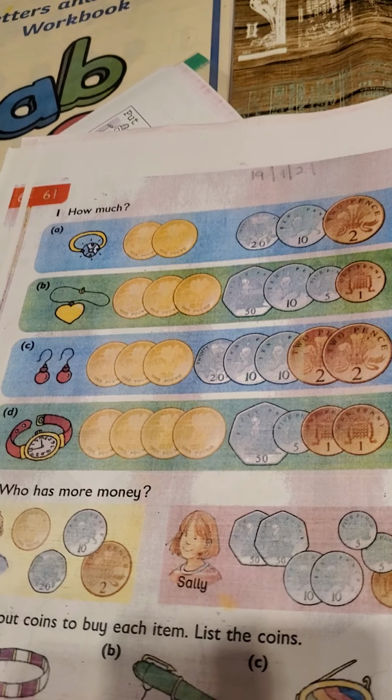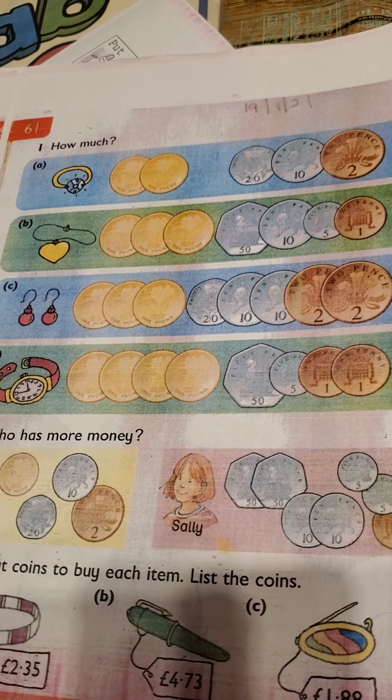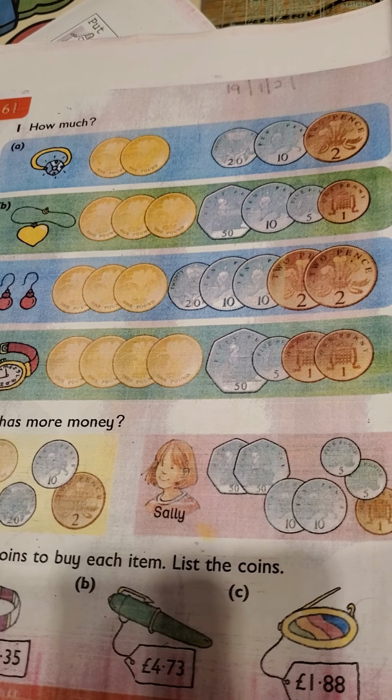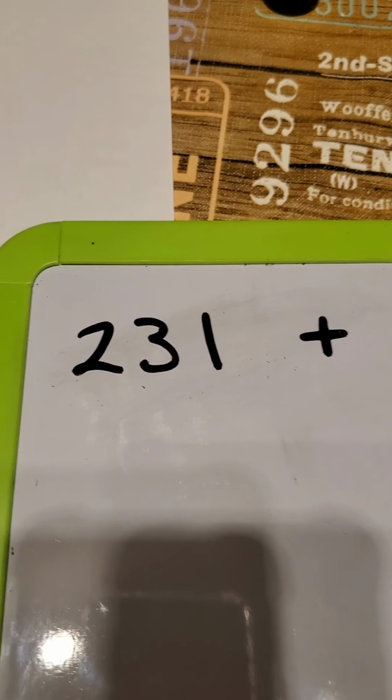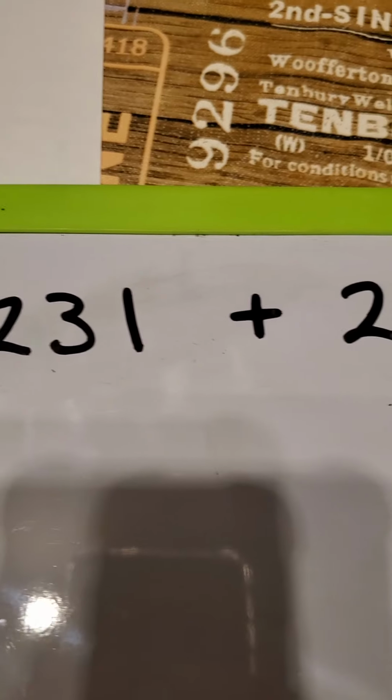Moving on to our maths then for this week. Now, starting from tomorrow, from Tuesday, we will be looking at money. However, today on this board, I want to revise a little bit of addition with you with carrying. And I will send you some questions to copy out and complete yourself. So you'll get questions that look something like this. 231 add 249.